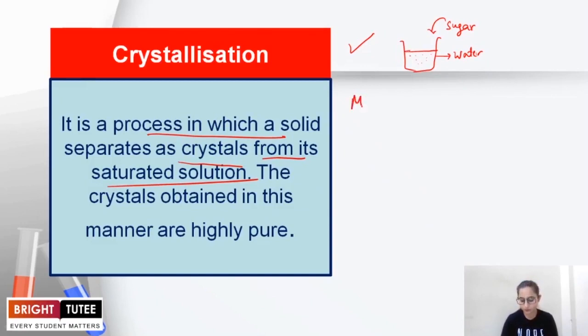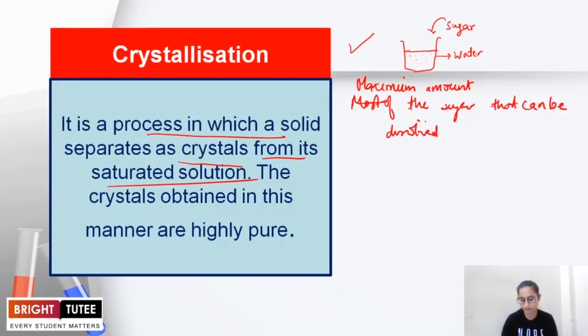The maximum amount of sugar that can be dissolved has been dissolved. Basically, the maximum amount of sugar that can be dissolved in that amount of water, for example, 50 ml of water, has been dissolved. You cannot dissolve any more sugar into that.